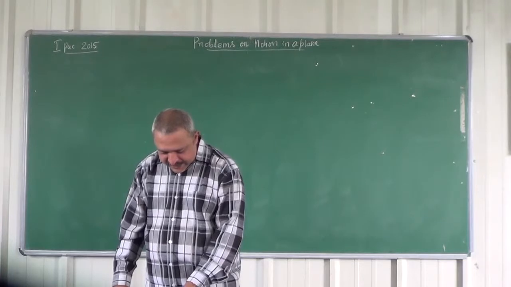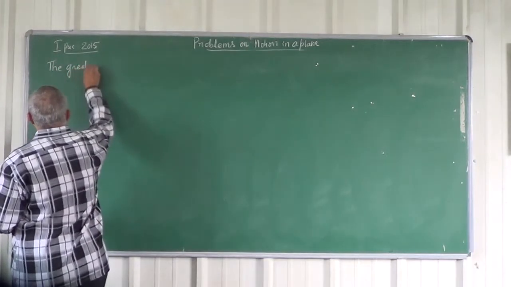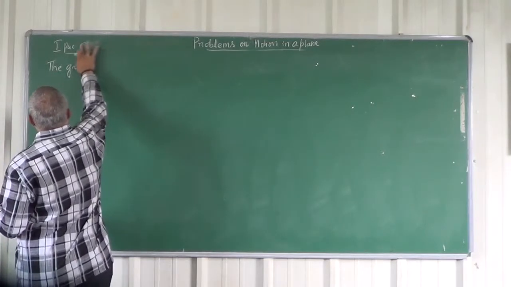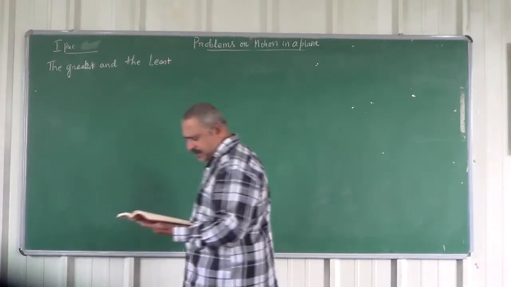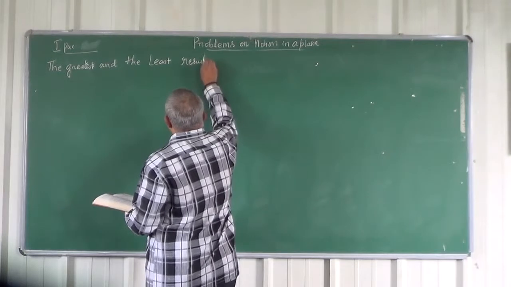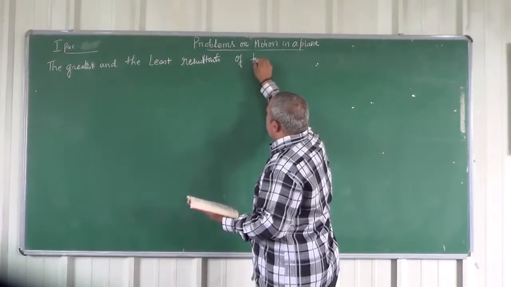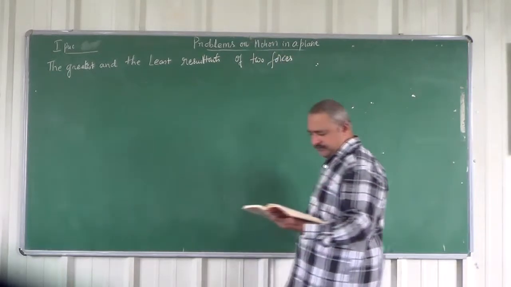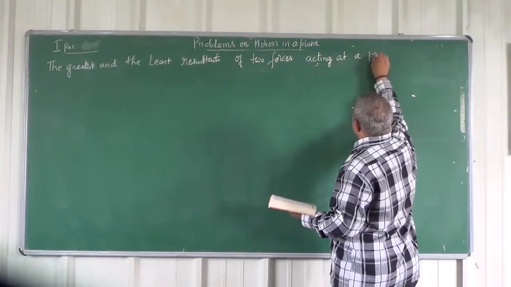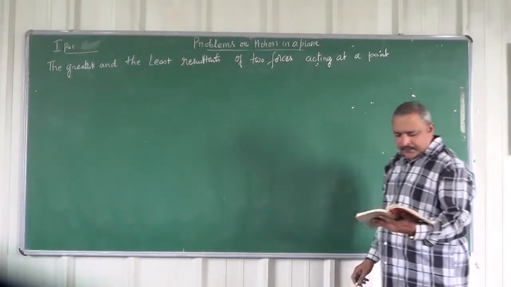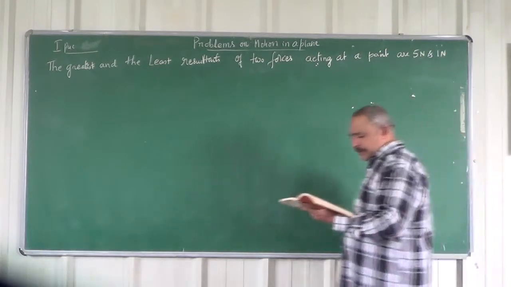Next question: the greatest and the least resultants of two forces acting at a point are 5 newtons and 1 newton respectively.